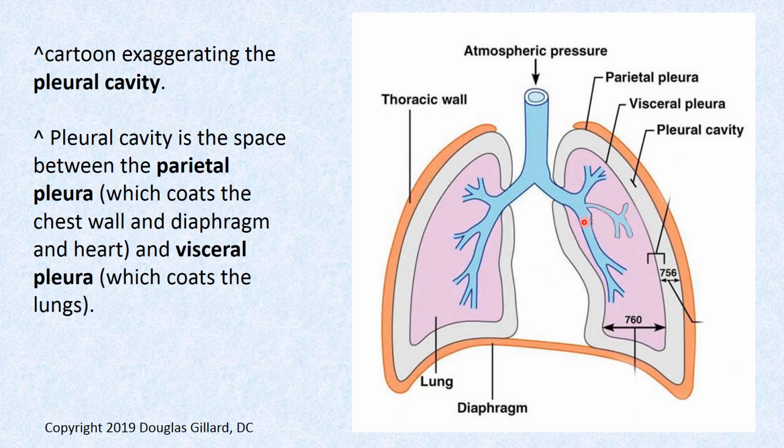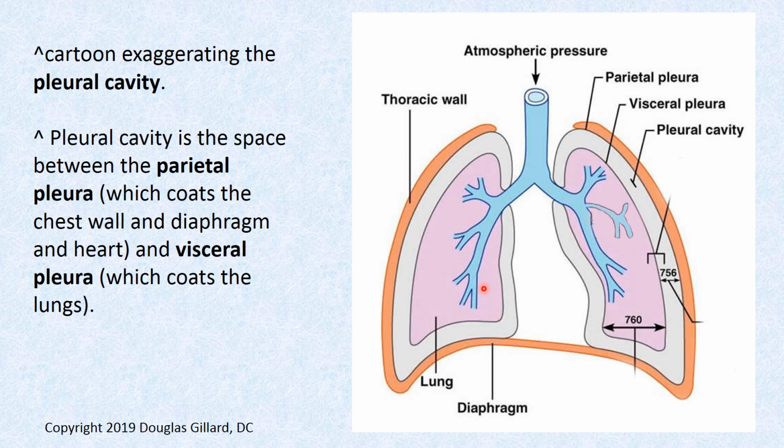I threw this one in here because we're going to talk quite a little bit about the pleural space. When you get into radiology, you need to know all about the pleural space. There's the lung, there's the trachea, and the tracheobronchial tree. In this cartoon, they left a lot of space so you can see this cavity here, which is called the pleural cavity.